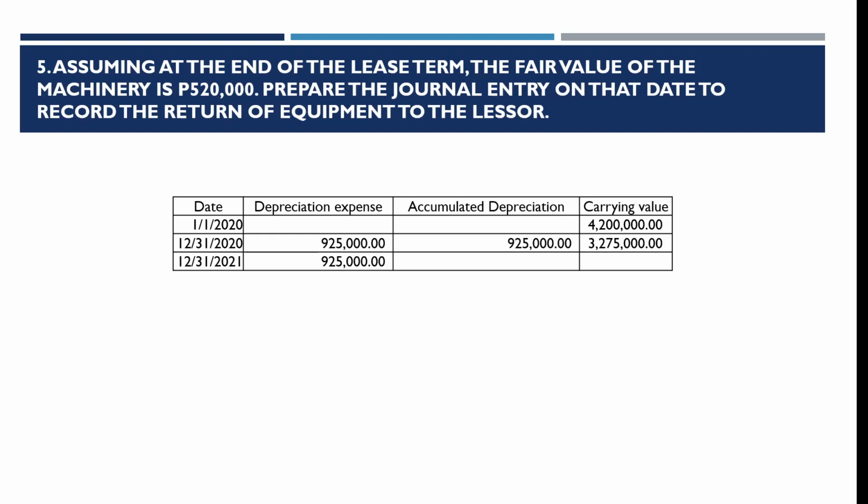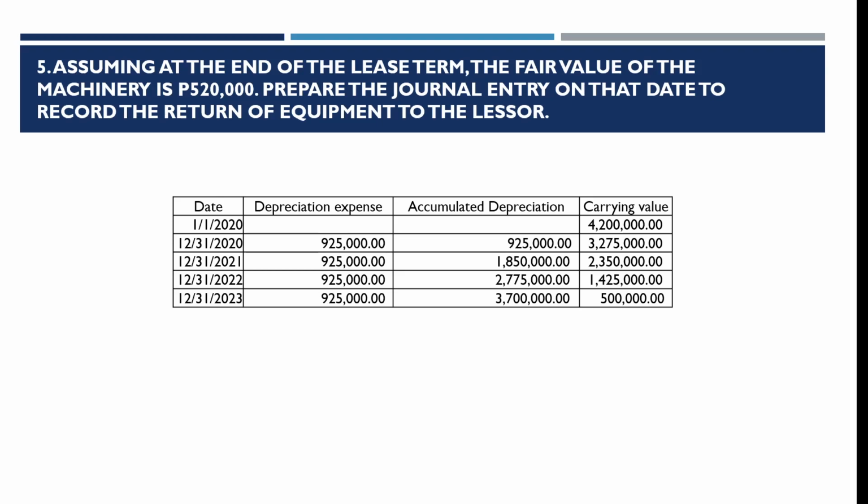Ano na mangyayari sa accumulated depreciation? Lalaki na yan. Okay? Ang accumulated depreciation, lalaki na yan kasi iniipon natin yung mga depreciation each year. O, carrying value, magkano na? 2.35 million. Next, December 31, 2022, the third, 925,000, lalong lumalaki yung accumulated, bumababa na yung carrying value natin.